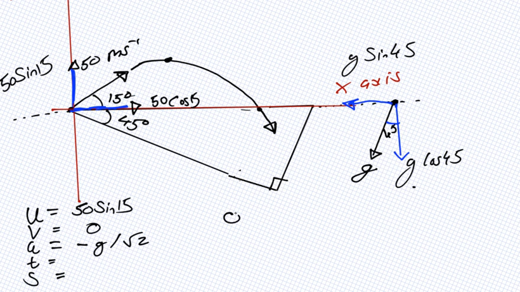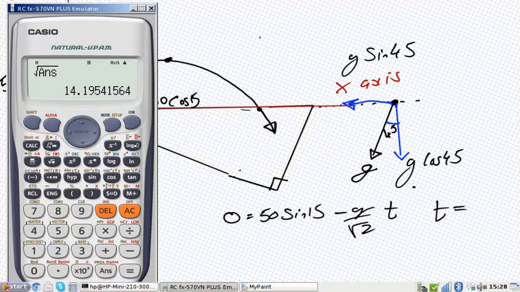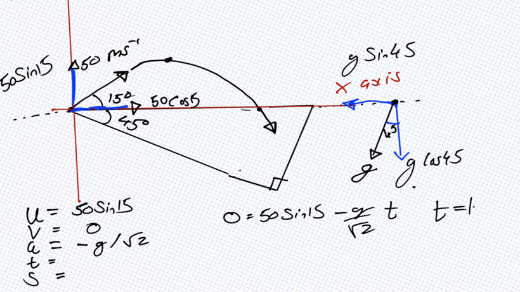So if we go with v equals u plus a t, we can get the t. That's 50 sine 15 times square root 2 divided by 9.81. So the time is 1.866 seconds. That's the answer for the first part.